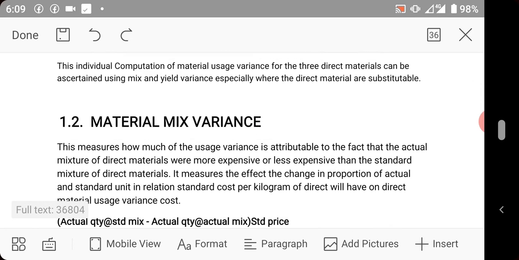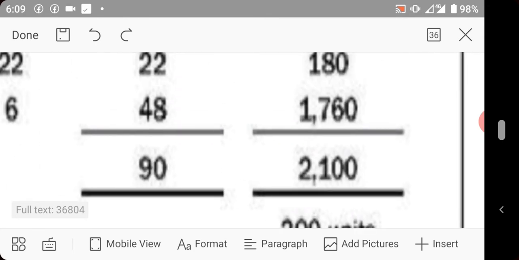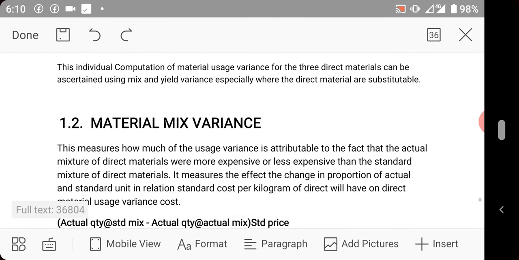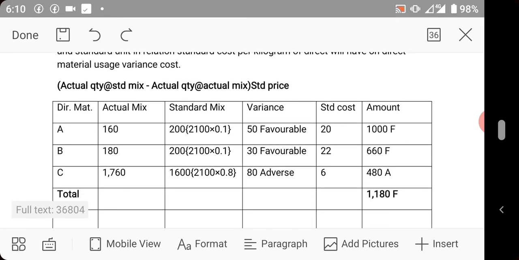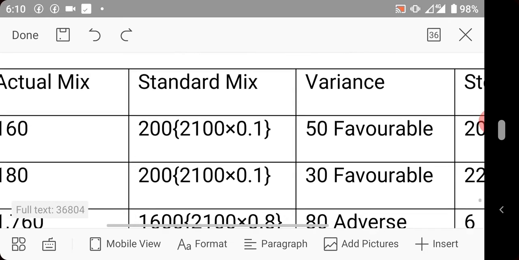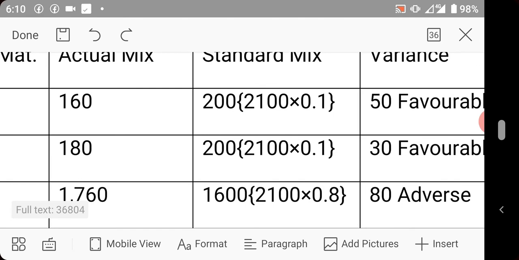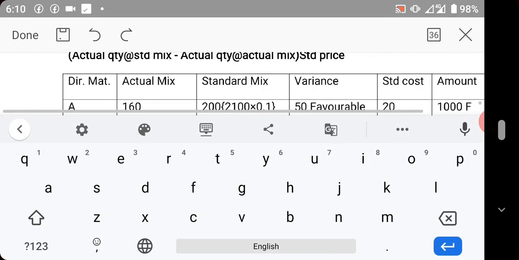What is the actual quantity used? The actual quantity used is 2,100. So this standard mix will now be applied on the actual quantity used. So 2,100 times 10% will give you 210.